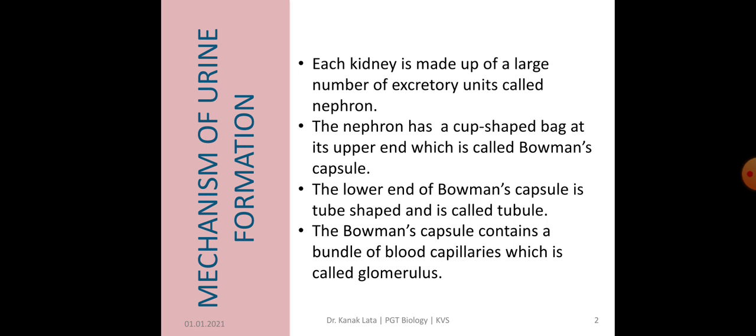Each nephron has a cup-shaped bag at its upper end, and this is called Bowman's capsule. The lower end of the bag is tube-shaped and is called tubule. The Bowman's capsule contains a bundle of blood capillaries called glomerulus.